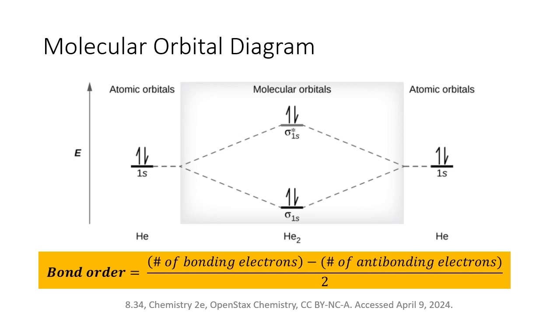So if we do the bond order, we get 2 minus 2 over 2, which is equal to 0. When bond order is equal to 0, it will not bond. This squares with experience. Helium is a noble gas. It doesn't bond with other atoms. Therefore, the bond order comes out as 0.